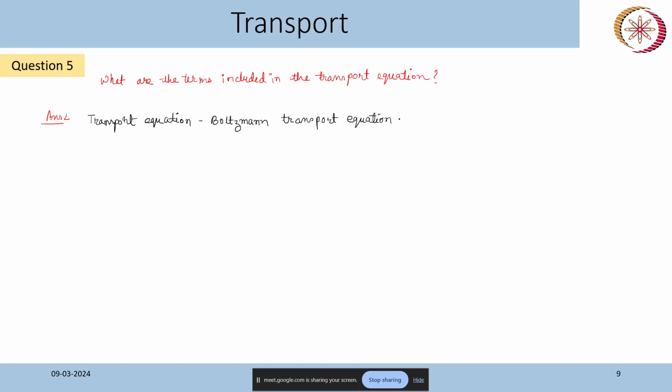Okay. Boltzmann transport equation, I will use the short form BTE for that, and what it describes is how the carrier distribution is changing over time.